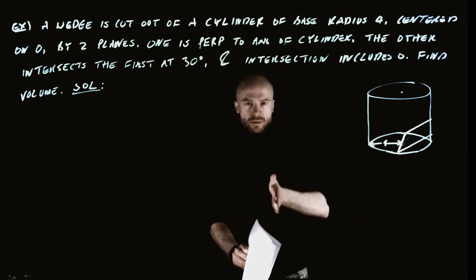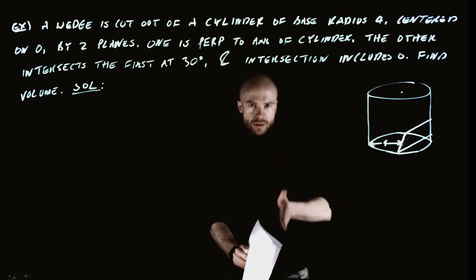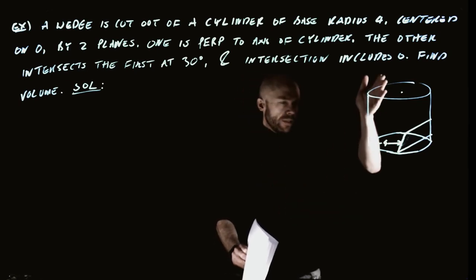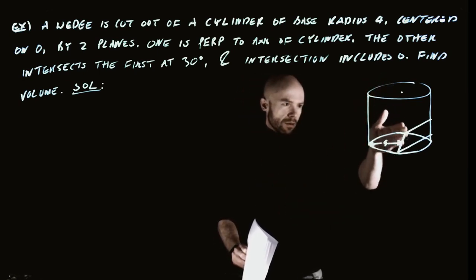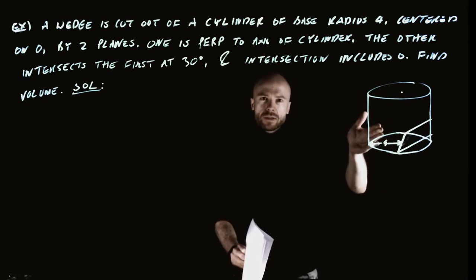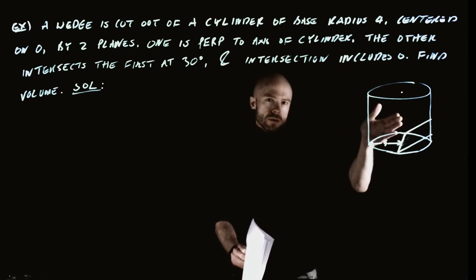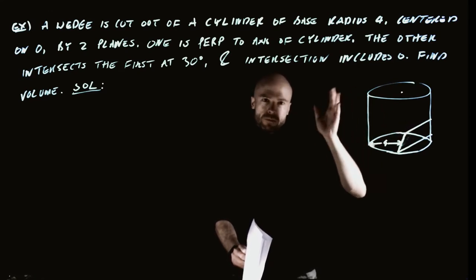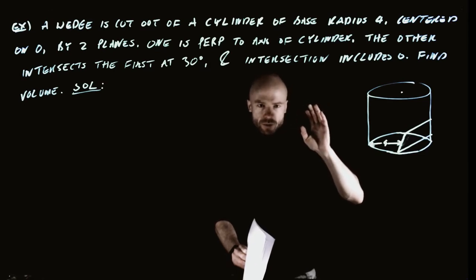We could slice straight down. Just like this. Then what do we get if we slice straight down? We get these kind of rectangular shapes, right? Yeah? Which is okay, but let's see if we get something simpler.